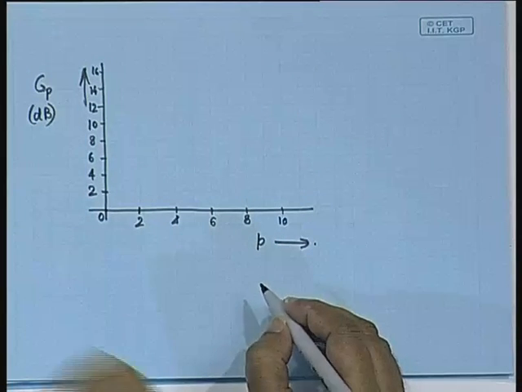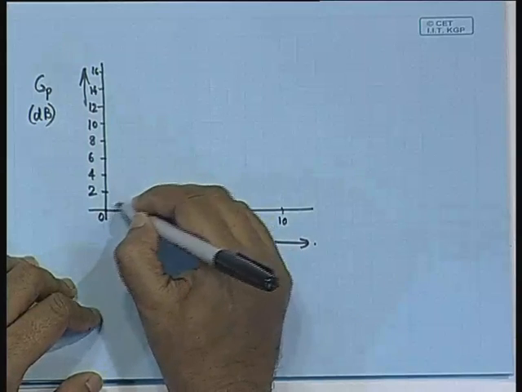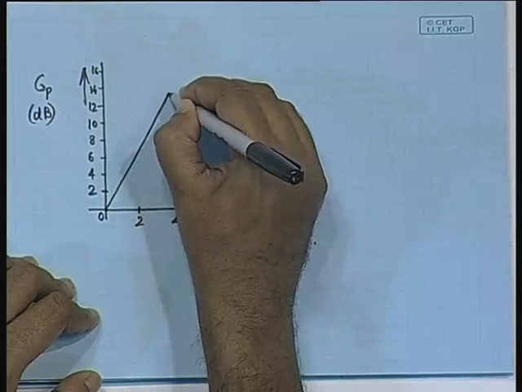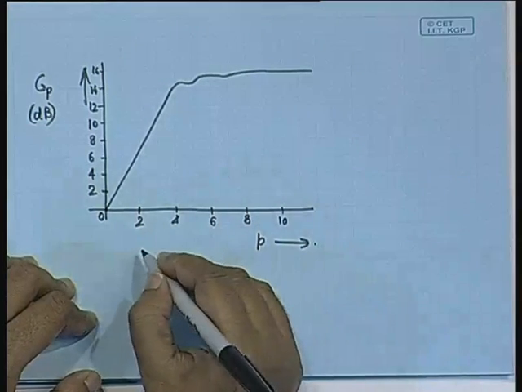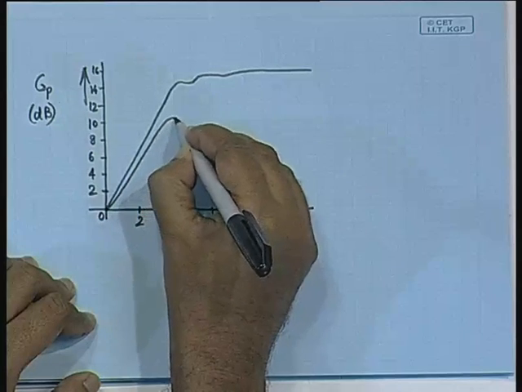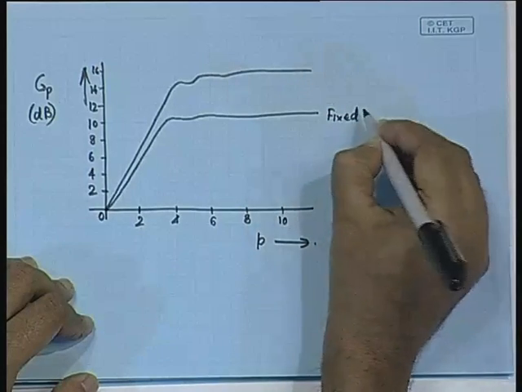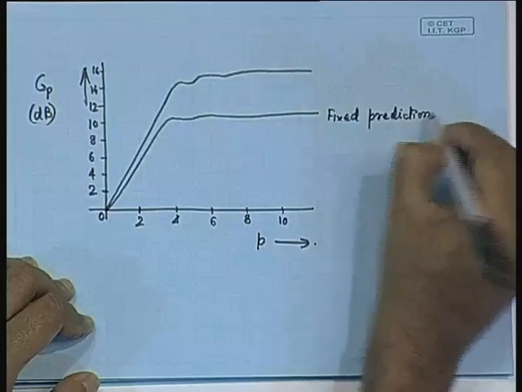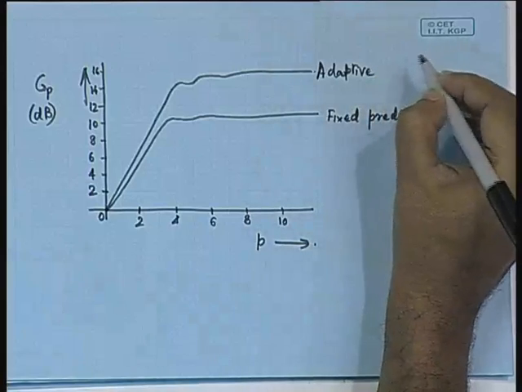One observes that for adaptive prediction, it goes like this, and for fixed prediction, it is slightly lower. So, this may be for fixed prediction, and this is the nature of graph one may obtain for adaptive prediction.